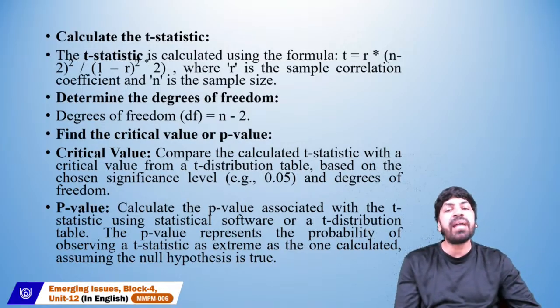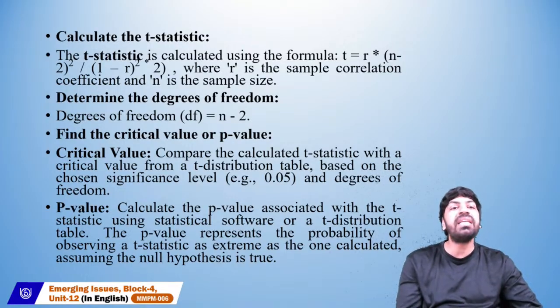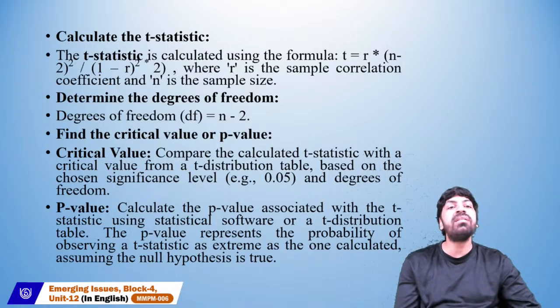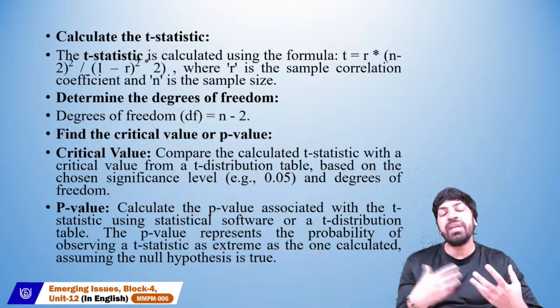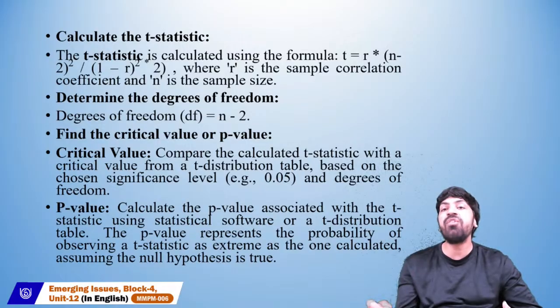The t statistic is calculated using the formula t is equal to r times the square root of n minus 2, divided by the square root of 1 minus r squared, where r is the sample correlation coefficient and n is the sample size. This is the formula used to calculate the t calculated value.